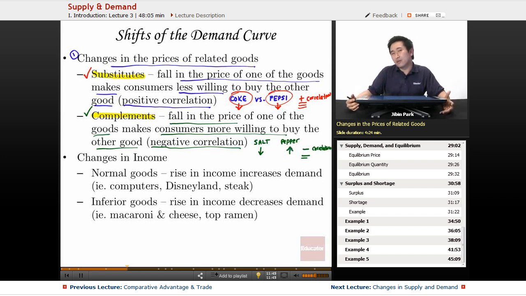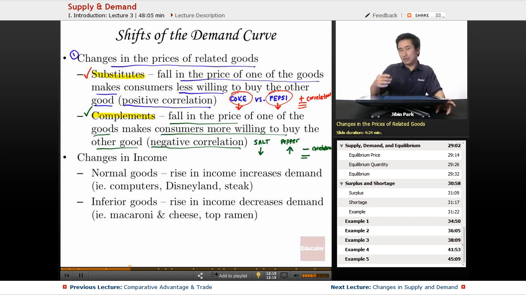And again, sometimes you might be asked to test to see, if the price of something goes up, what happens to the demand of something else? And you're trying to figure out, is it a substitute or a complement? So in terms of in-depth analysis, this is more of a microeconomic situation, but it's good to know, even in macroeconomics, that substitutes or complements can shift the supply or demand.